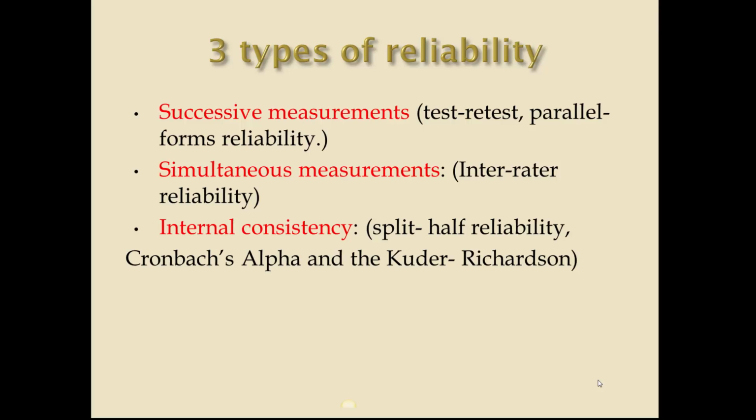Another way to measure internal consistency is to use Cronbach's alpha, that has a formula, and also there are some statistical packages that you can use to calculate it. What Cronbach's alpha measures, instead of just the correlation between the first half and the second half, is the correlation among all questions.